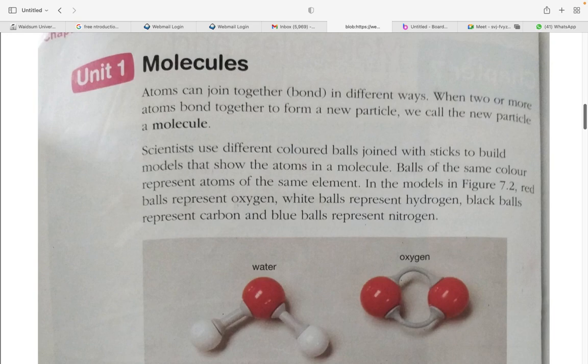This new thing that they form is called either a compound or a molecule.